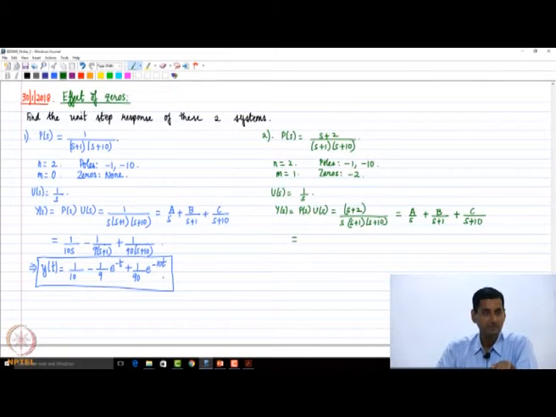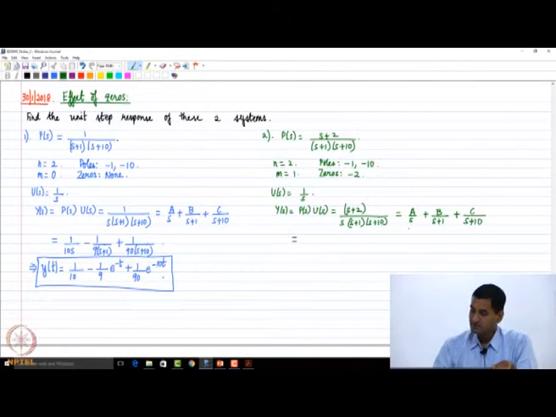Of course the residues will be different: previously the numerator was 1, now it's s plus 2, so obviously the values of A, B, C will be different. What if it was s squared plus 2? Doesn't matter, because as long as you are not going to have a quadratic polynomial in the denominator, you will still have the same partial fraction expansion structure.